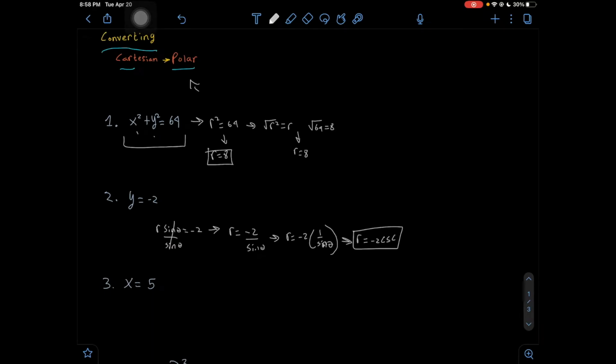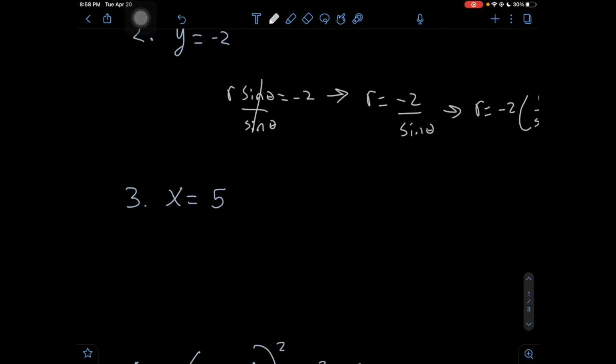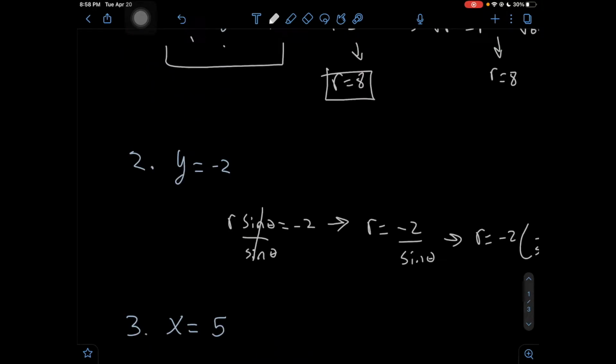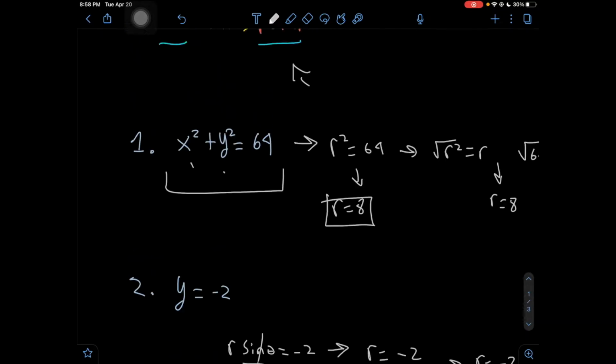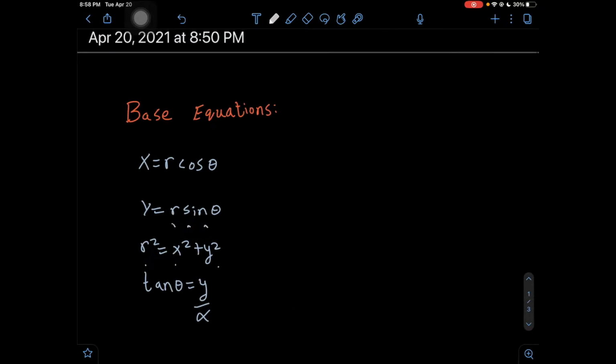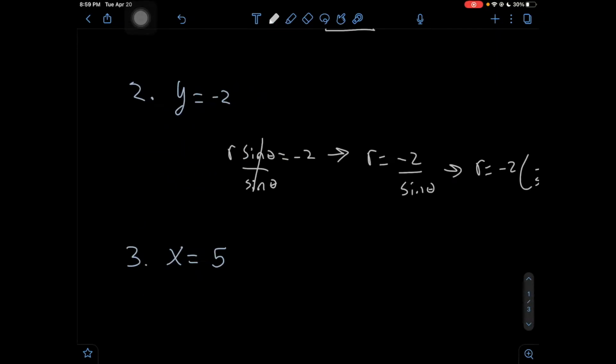Now let's do number 3, which says x equals 5. Let's go back to our base equations and see if we can substitute anything for x. Our first base equation says x equals r cosine of theta, so let's substitute r cosine theta for x. For problem number 3, we have r cosine of theta equals 5. Again, we want to isolate r, that's the main thing we're looking for in a polar equation.